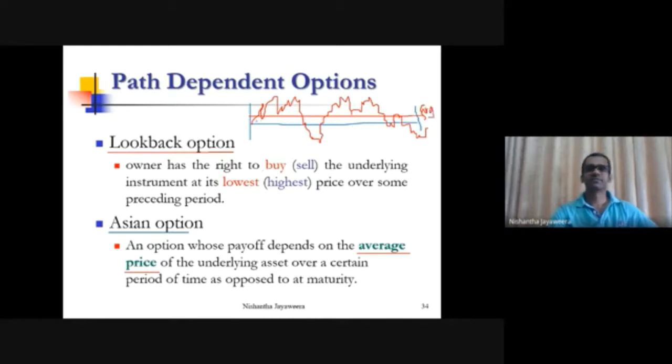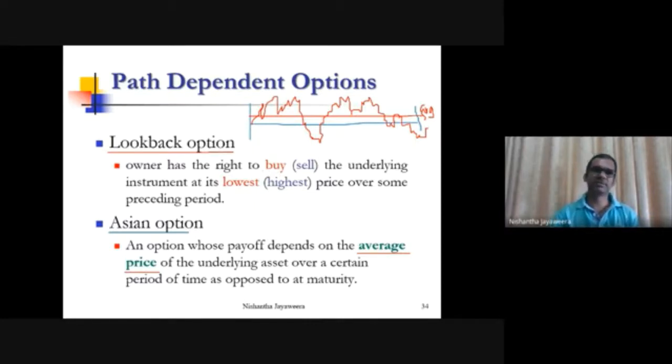Average price, so this would become the strike price. If the market price is above that average, you will exercise your right for a call option. If not, you won't. For a put option, if the market price is lower than the average price, you will exercise your right. Even in this case, premium would be high because you get more flexibility.